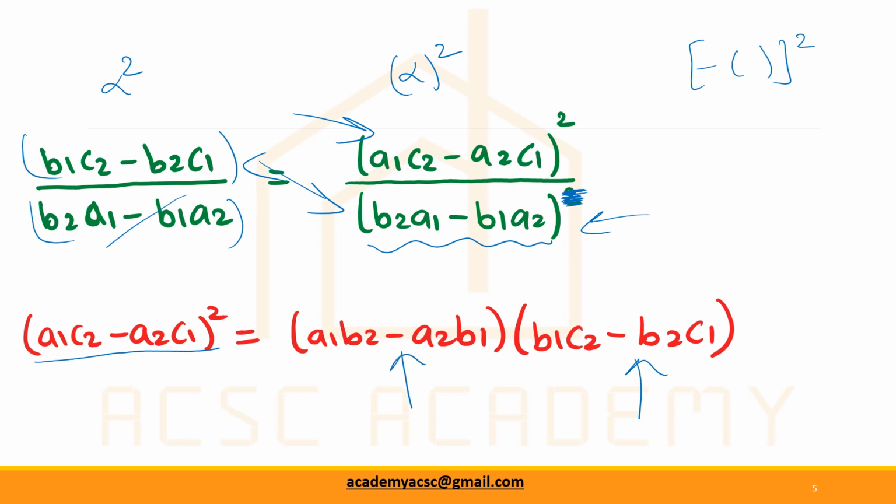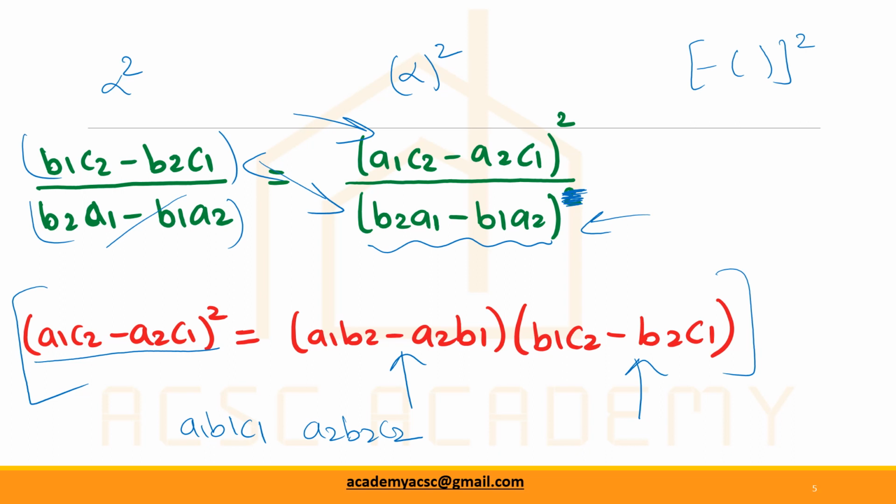So this is the relation that we have established between all the 6 coefficients a1, b1, c1 and a2, b2, c2. What is the condition? That you need to have a1c2 minus a2c1 the whole squared equal to the product of these two, a1b2 minus a2b1 and b1c2 minus b2c1.